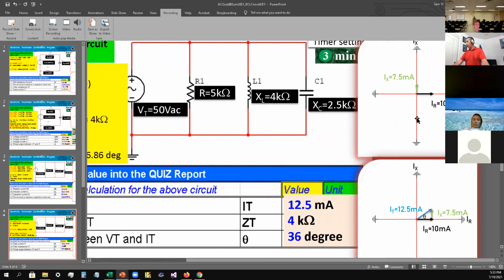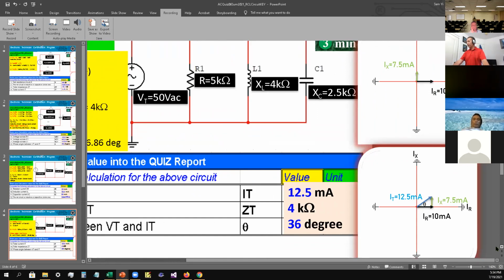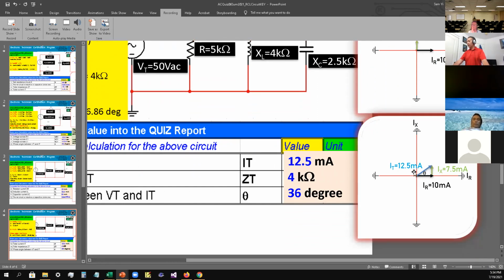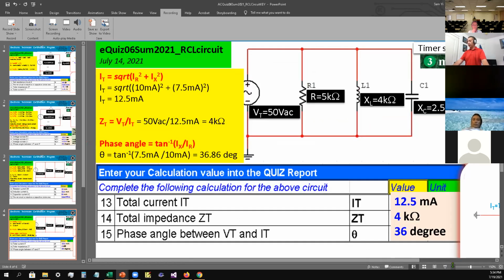When I combine everything on the y-axis, it leaves just 7.5 milliamps. I slide this one to the other side, and you get your phase angle right there. It's in the first quadrant, so it's a positive angle. So the answer for number 15, the phase angle, is about 36 degrees. Does anybody have any questions on number 13 to 15?